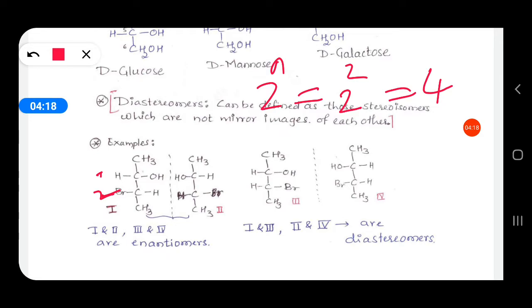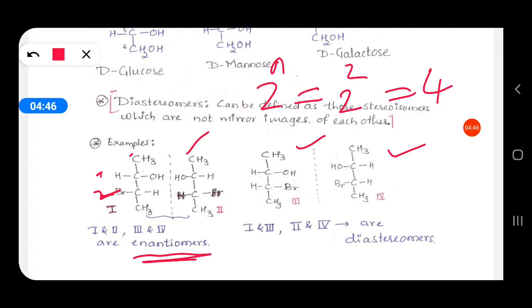The optically active isomers which are mirror images of each other are called enantiomers. So structure 1 and structure 2 are enantiomers of each other. Structure 3 and structure 4 are also enantiomers of each other.